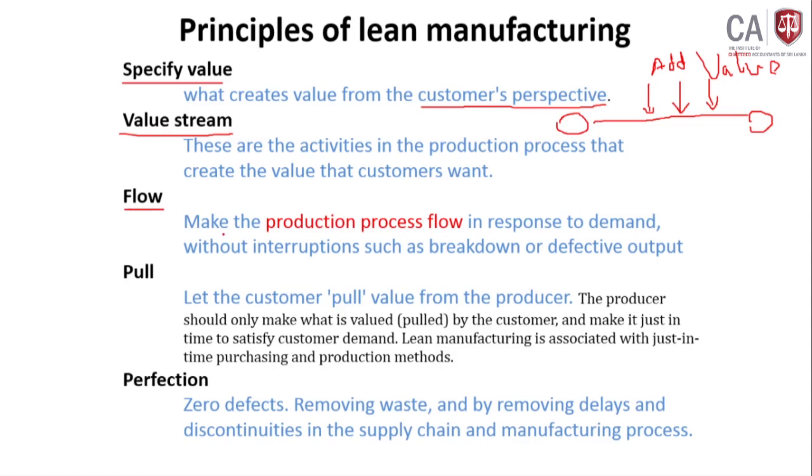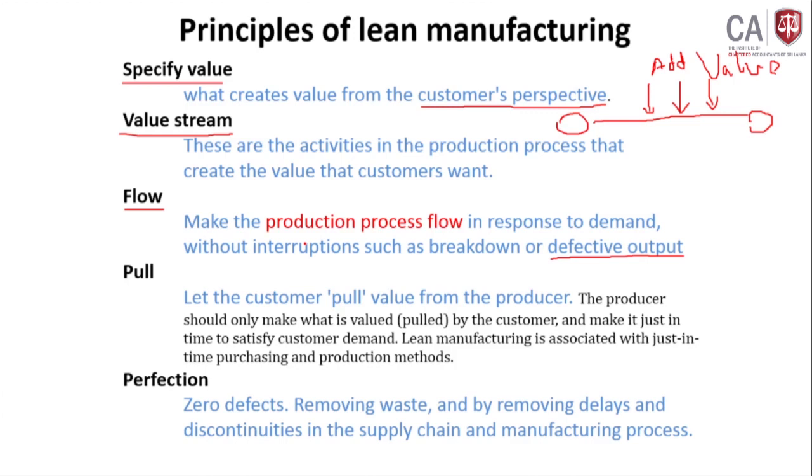Flow. Make the production process flow in response to the demand without interruptions such as breakdowns or defective output. So if you have planned your future demand, you know what production is to be made in order to satisfy the demand.